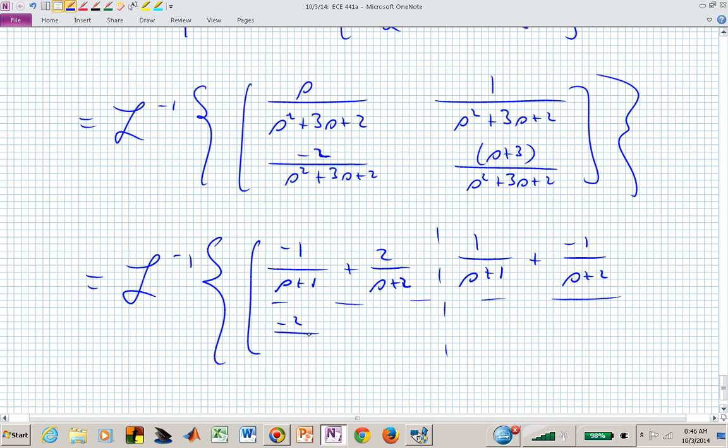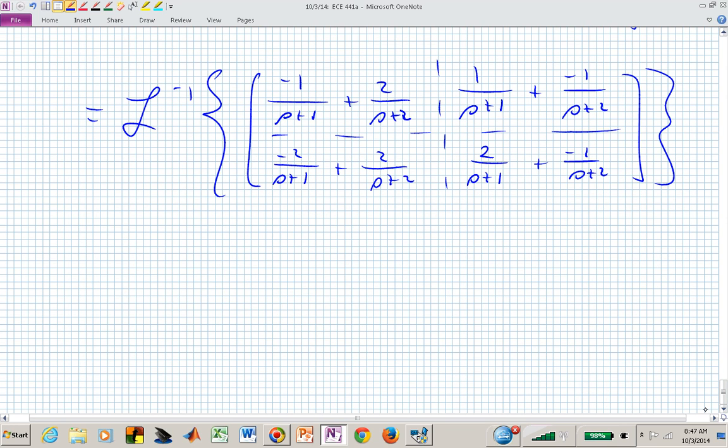We have a minus 2 over s plus 1 plus a 2 over s plus 2. You should just be seeing mentally these decaying exponentials as you're writing this down. And there is something to be said for writing that down.